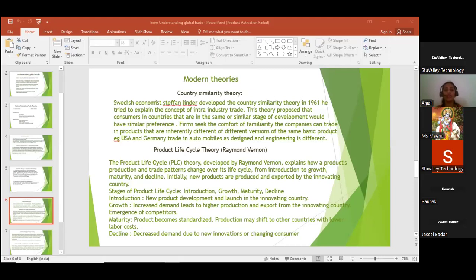So they have to come up with new features, new innovations, or the price should be much more competitive compared to other competitors, other products in that same field. So till here the product life cycle, you all understood, guys, the stages and all.